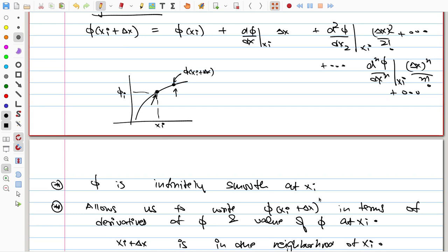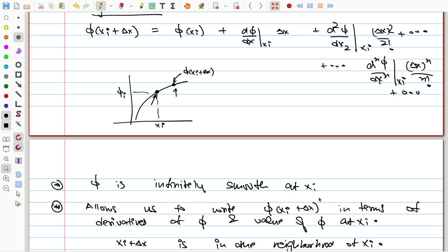I can find the function value there using the function value at the left point and its derivatives at the left point. Now, if delta x was very large, this Taylor series maybe could not be applied. So, usually the understanding is delta x is small, that is xi and xi plus delta x are nearby points.